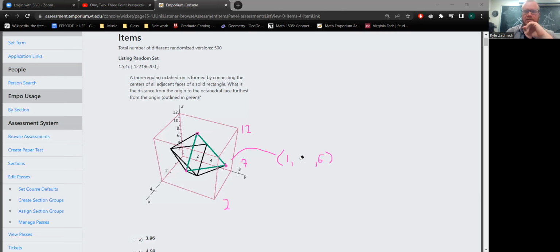I forgot about the fact that, so those are the half values of everything, but this point actually goes all the way out to half of the X value, all of the Y value, and then half of the Z value. So this would actually be 1, the full 7, and then half would be 6.